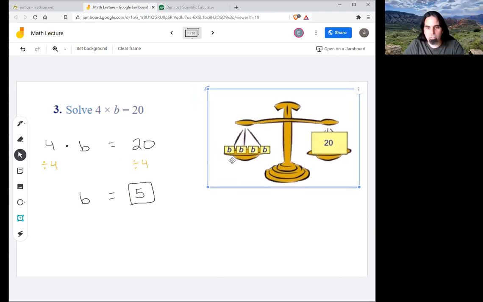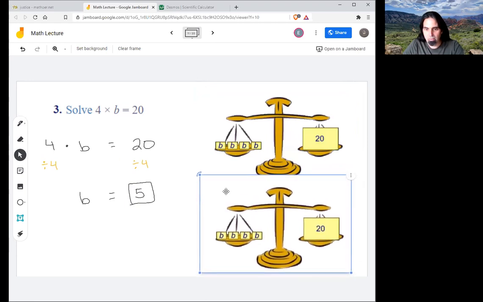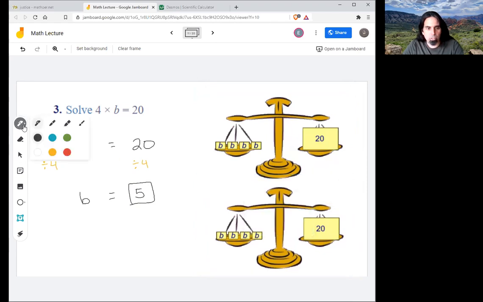Okay, tell me how to draw that. I'm not sure. How do I draw dividing by 4 on the left side? I'm not sure.